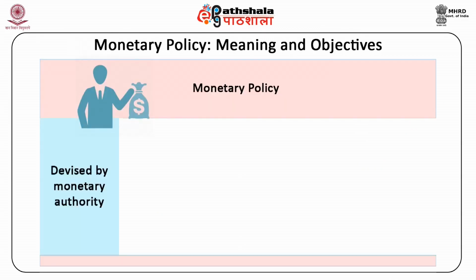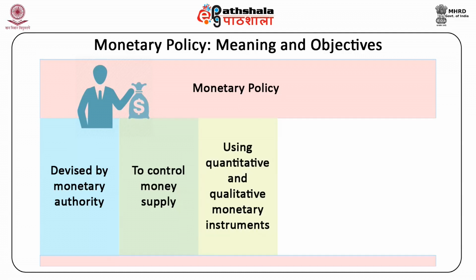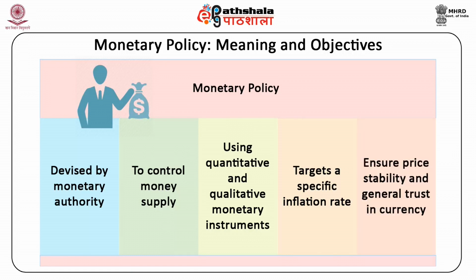Monetary policy is devised by the monetary authority of a country with the aim to control the supply of money using various quantitative and qualitative monetary instruments. Monetary policy often targets a specific rate of inflation to ensure price stability and general trust in the currency.